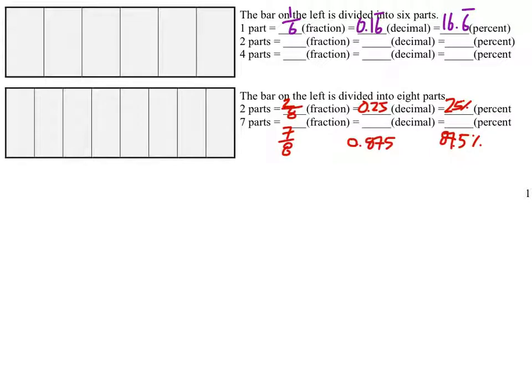So if we had 2 of those, that would be 2 out of 6 parts, which is just like 1/3, so 0.3 repeat, which is, as we have seen already, 33.3 repeating in percents. So 4 parts would be 4 out of 6. The decimal there is the same as 2/3, so 0.6 repeat, which is also 66.6% repeat the 6.